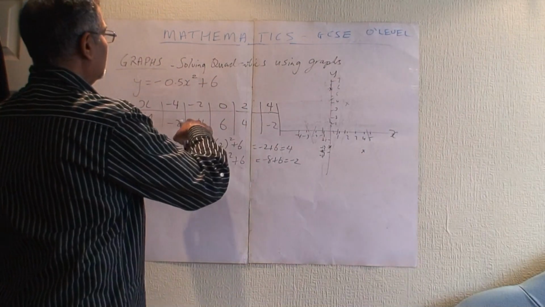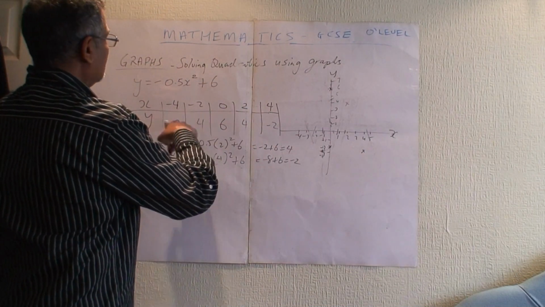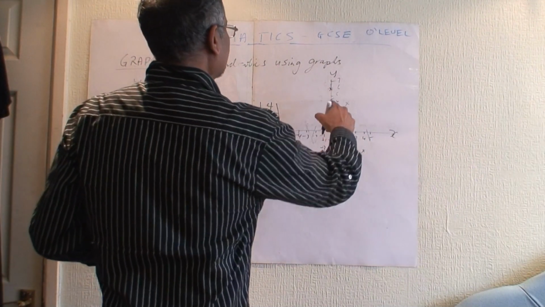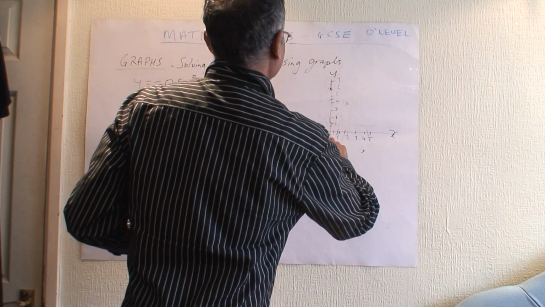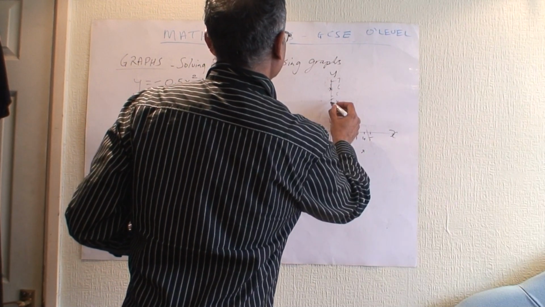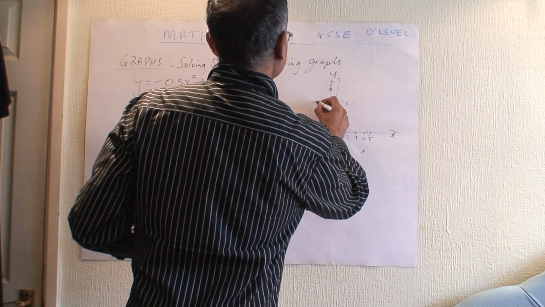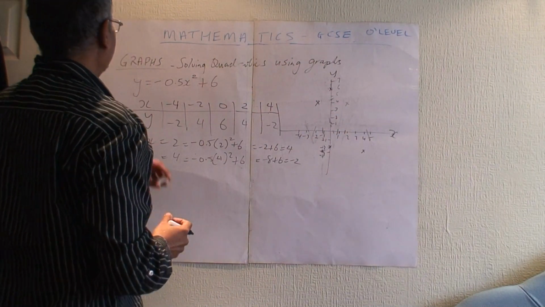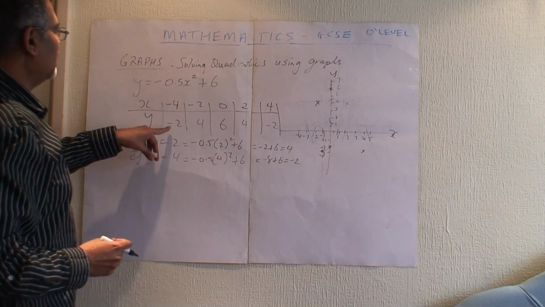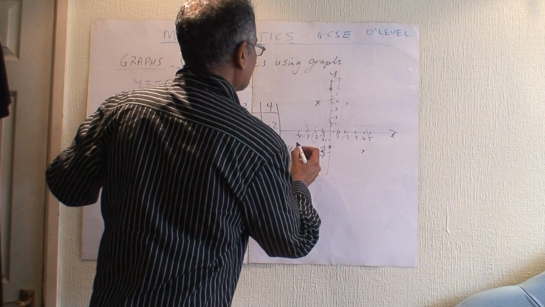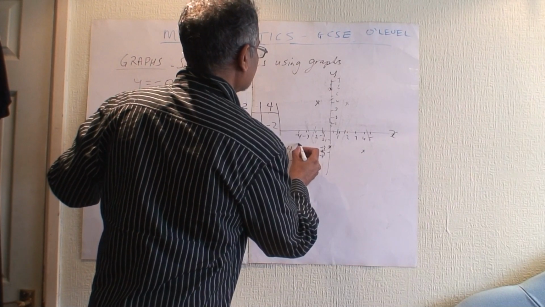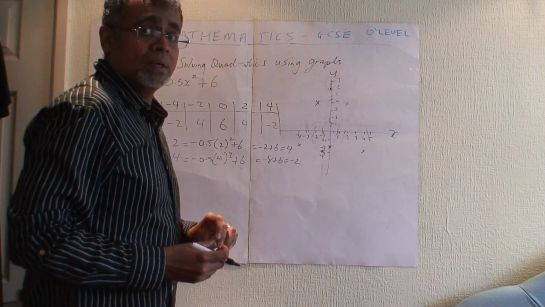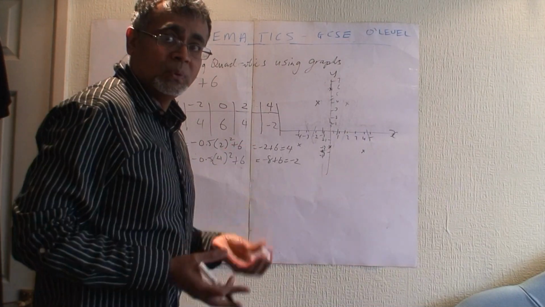And we plot the others: y is 4 and x is negative 2 there. And x is minus 4, and y is minus 2, which is about here. So we draw the line intersecting the points.